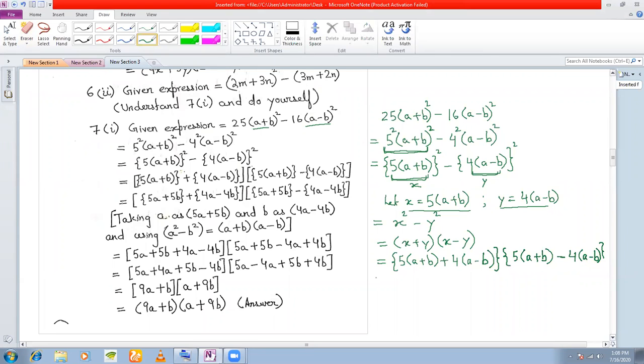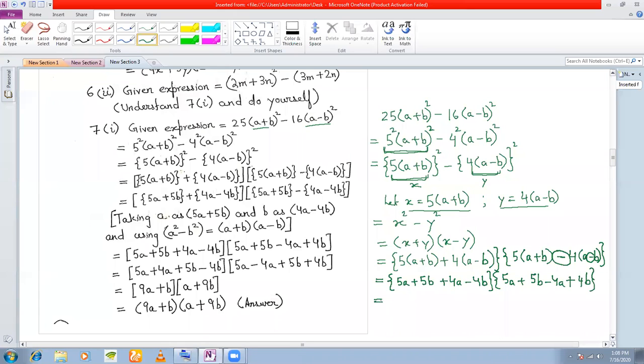Okay, so now you open the brackets, this becomes 5a plus 5b plus 4a minus 4b into 5a plus 5b minus 4a, and see I have a negative sign outside the bracket. So when I open the bracket, this sign will become plus 4b.